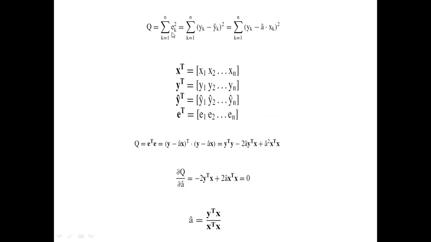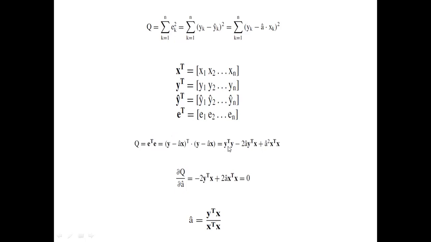The quality will be the summation over k equal to 1 of e_k squared. This is simplified, because the error is yk minus y hat k, where y hat k is nothing but a hat times x. When you take the transpose, quality is e transpose e. So we have (y minus a x) transpose times (y minus a x).